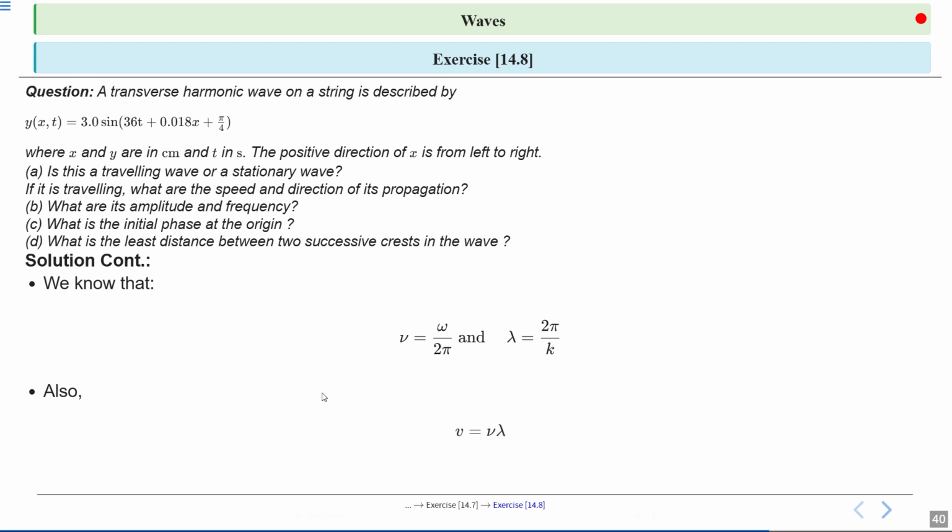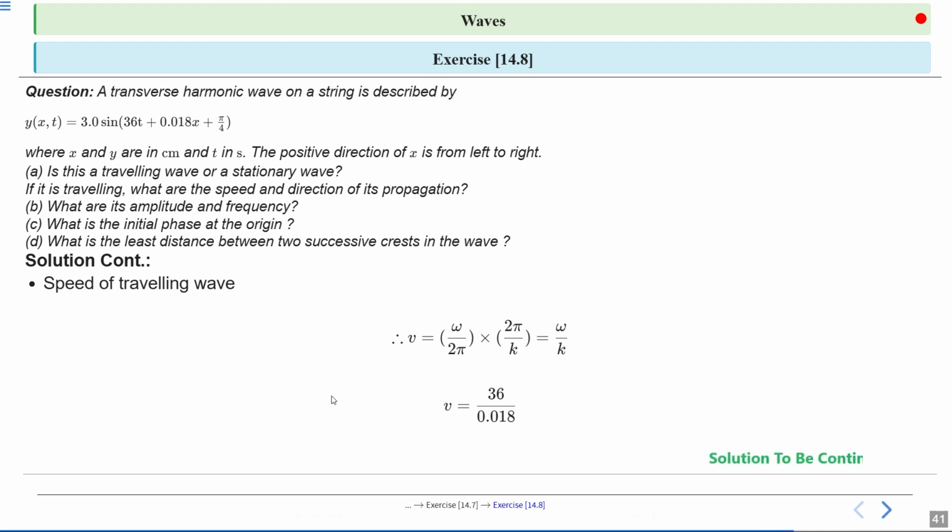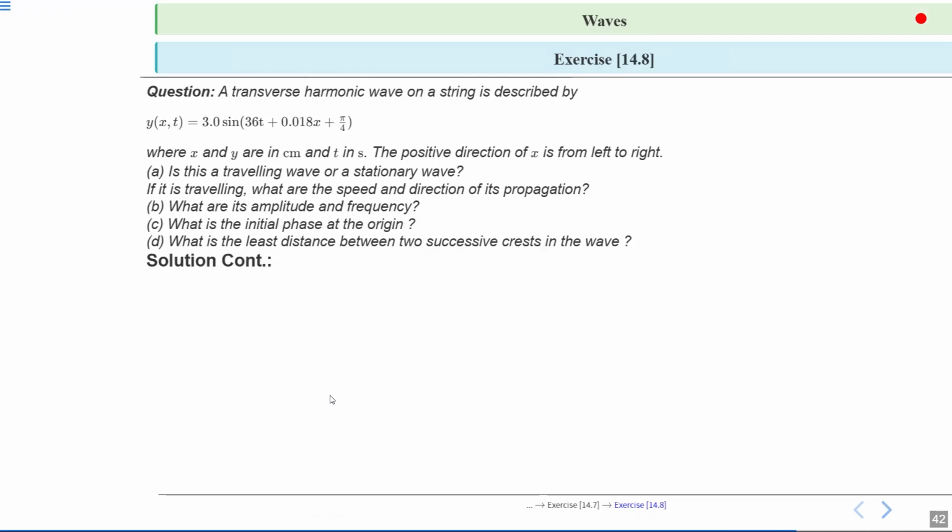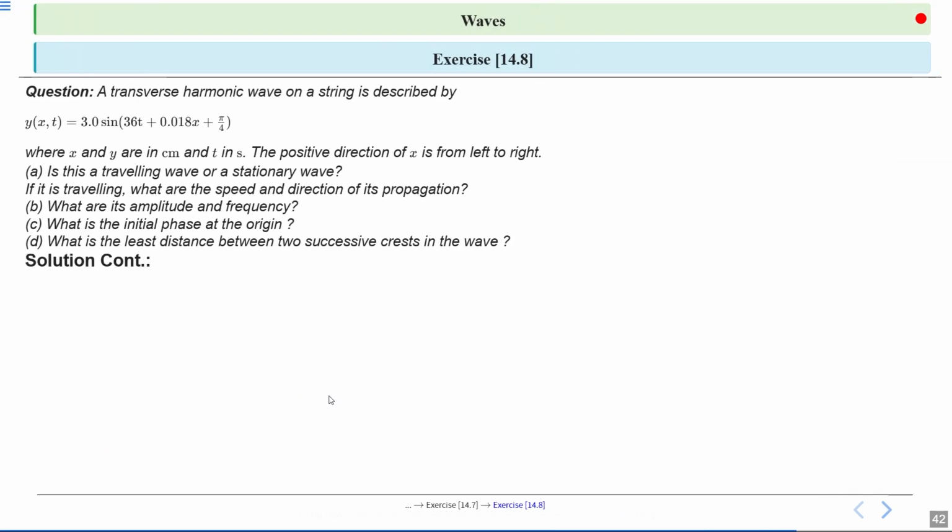Also v equal to nu lambda, so speed of traveling wave v equal to omega divided by 2 pi into 2 pi divided by k. So solving this, you will get omega by k. So v equal to 36 divided by 0.018. Solving for v, v equal to 2000 centimeter per second, v equal to 20 meter per second.